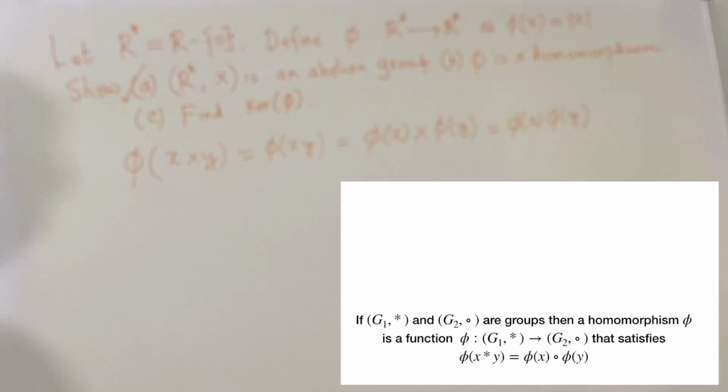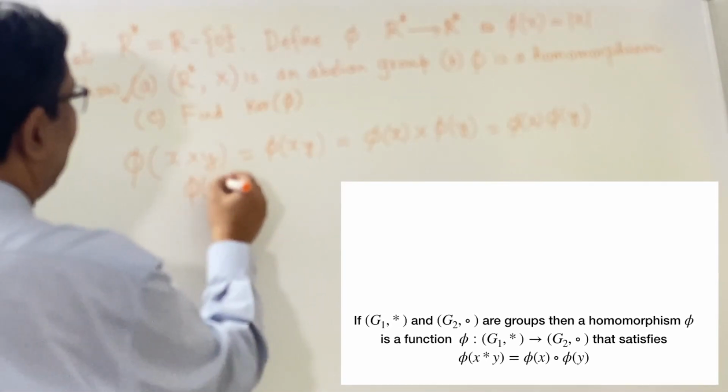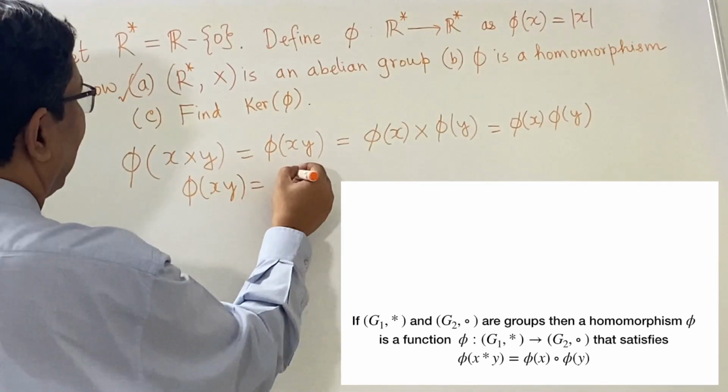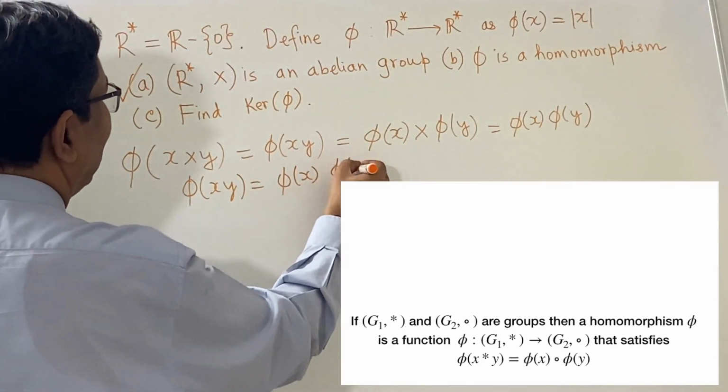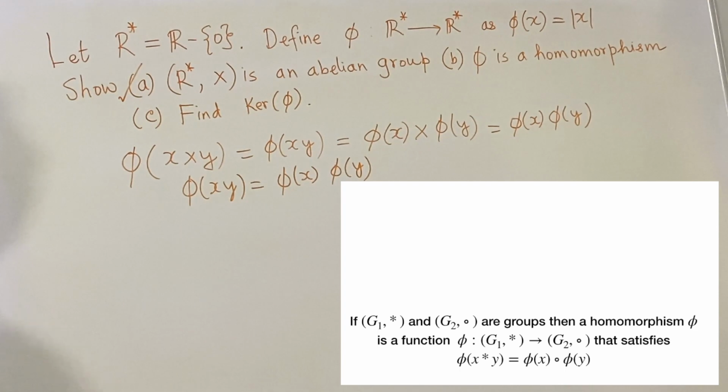So if this property holds, that phi of xy is equal to phi x into phi y, we say that the function phi is a homomorphism of groups.